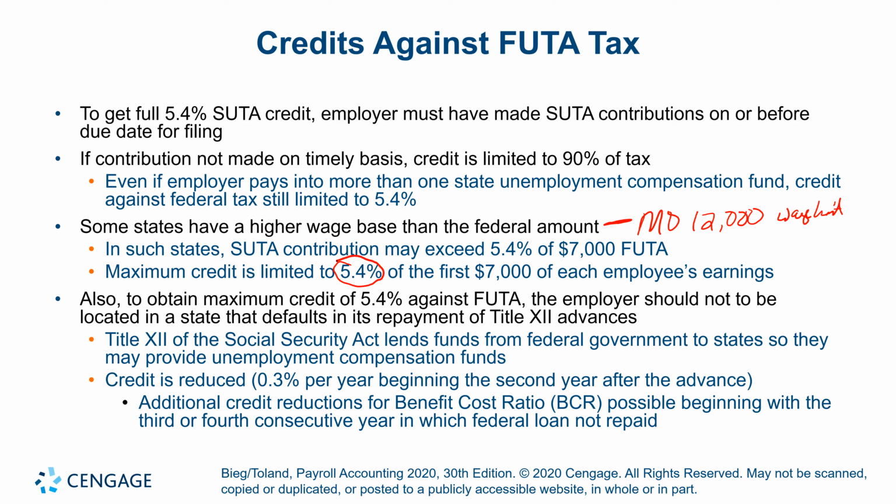So Title 12 advances, and the next couple bullet points talk about this a little bit, but Title 12 advances are basically when a state had to borrow from the federal government to cover unemployment compensation, and they're not repaying it on a timely basis.